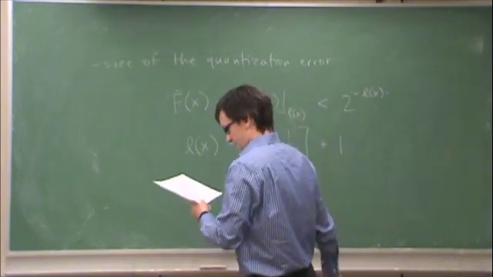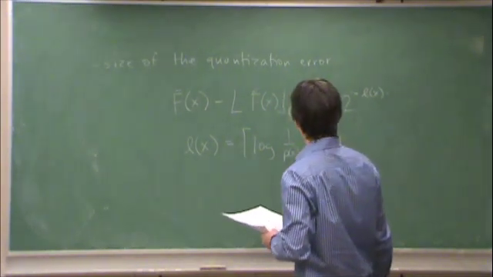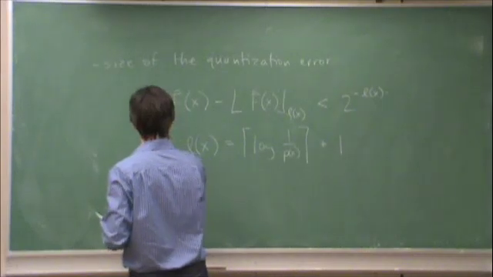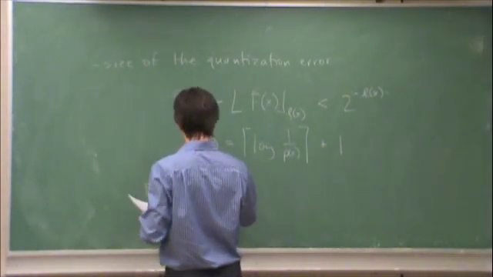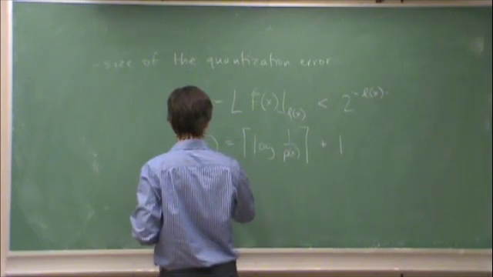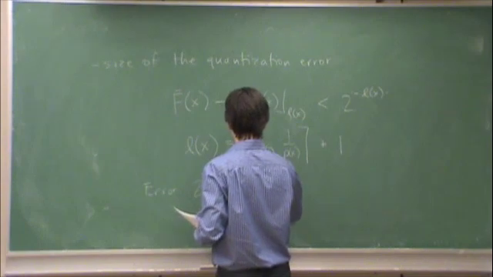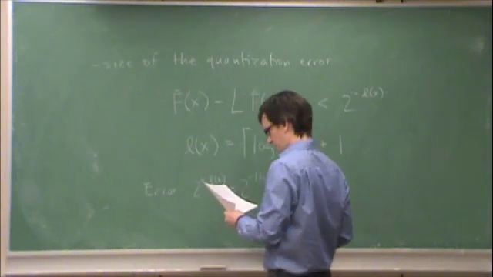So if I have that, then the magnitude of my error is 2 to the minus L of x, which is equal to 2 to the minus ceiling log 1 over p of x, plus 1.